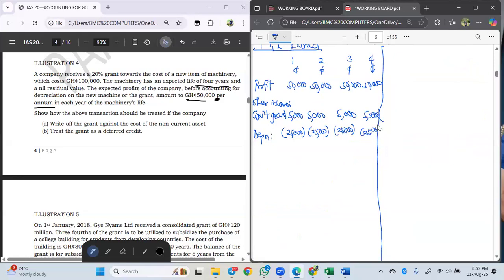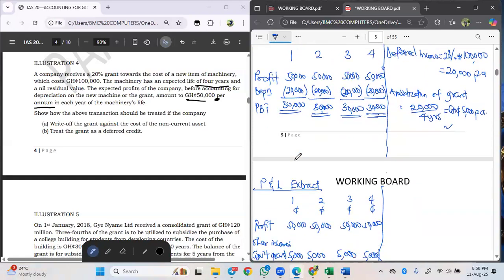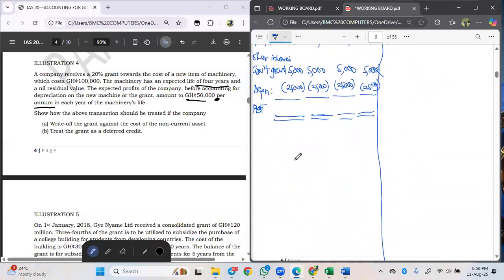So what is the PBT, the profit before tax? 30,000. Have you seen this? Whether you use the deduction or deferred approach, it has no effect on the PBT, because the first one you got 30,000 and here too we are getting 30,000.